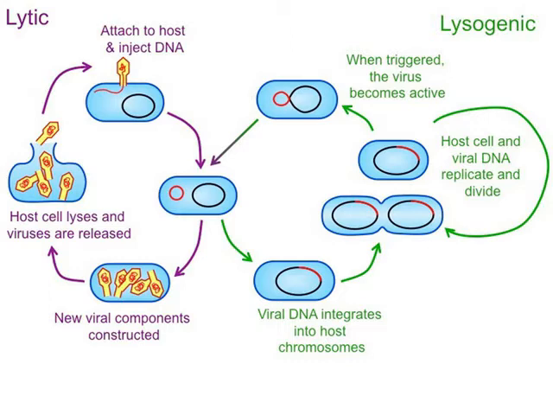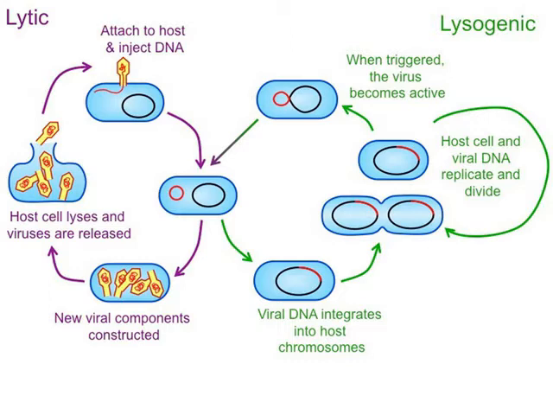The black circle represents the bacteria's DNA, the red circle represents the virus's DNA. And when HIV infects a person, it goes to that step in the middle there, and then it follows the green arrow to the right, where the viral DNA integrates into the host bacteria's chromosomes. So it incorporates itself into the black circle. It does not follow the purple arrow to the left there.